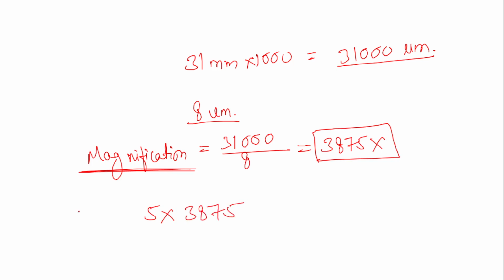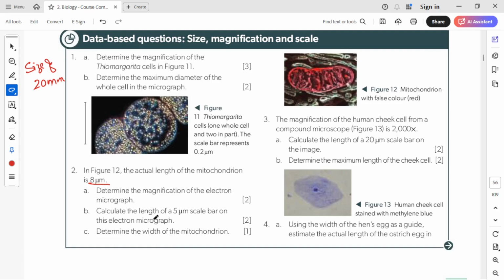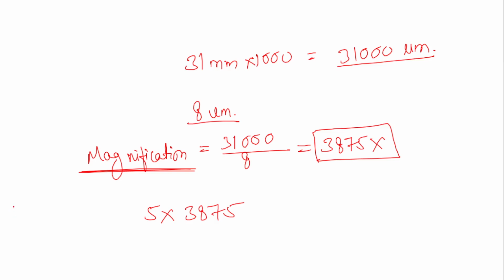So what it is actually asking is the length of the 5 micrometer scale bar. So the actual length of the 5 micrometer scale bar in the photo will be this. So you can solve it and find the answer. Okay, so this will come somewhere around 19,375.